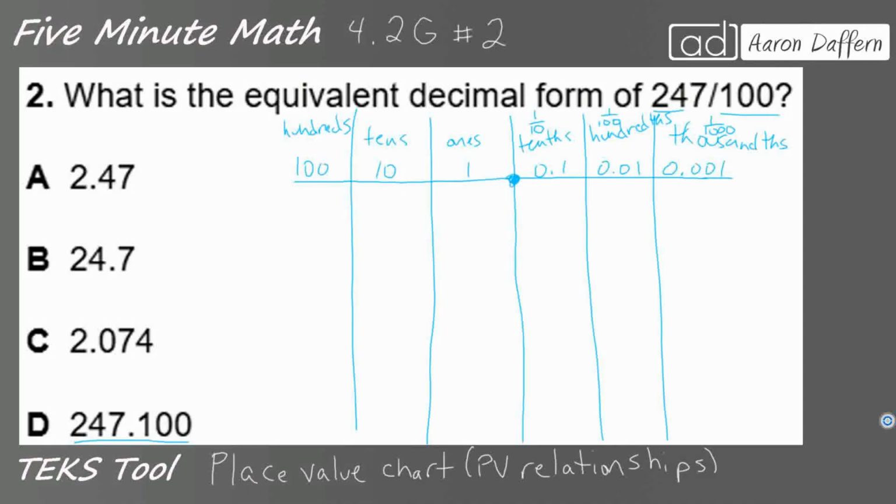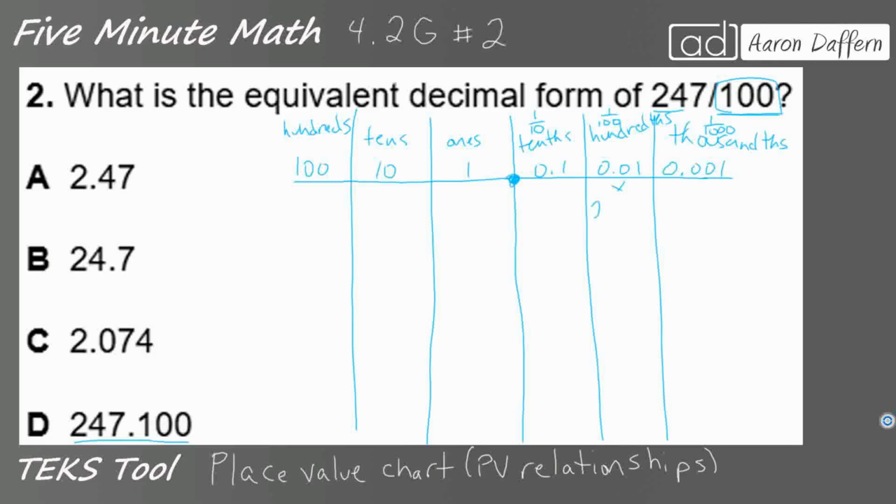So what we want to do with this 247 over 100 is just build it, and then match it to which of these are correct. We can go ahead and place it here. And so when we are building a fraction into a place value chart, we look at the final place. So the final place is the hundredths place. So I'm going to start right here.